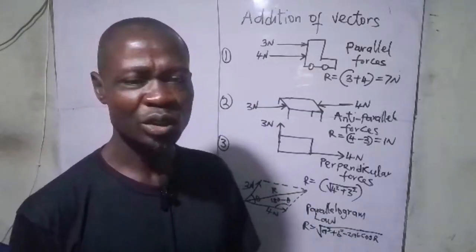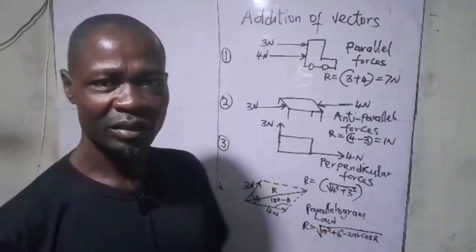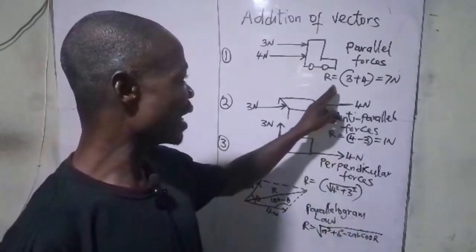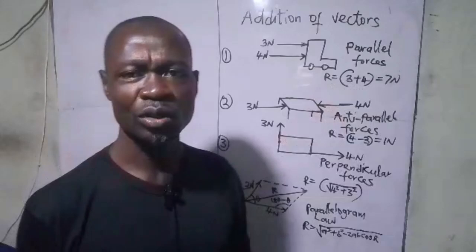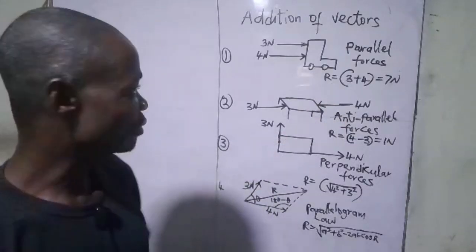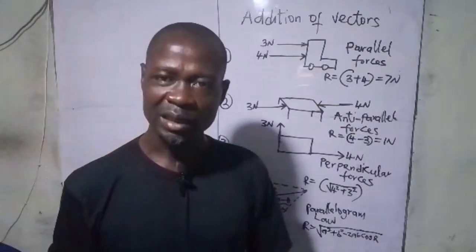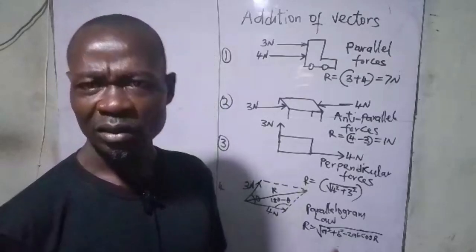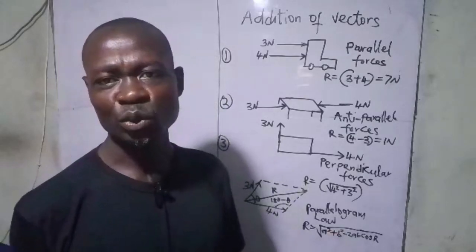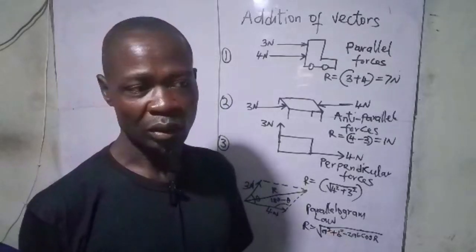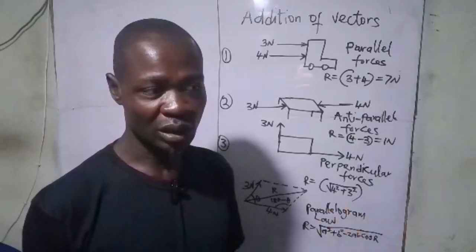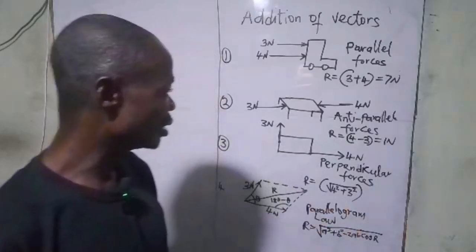So we see that the two forces will combine to have the resultant. And that is why we are adding: the resultant is 3 plus 4. And that gives us what? 7 Newton. Okay, so that is when we combine forces. So most of the things that we actually work out, like lifting something and all that, we use this method.